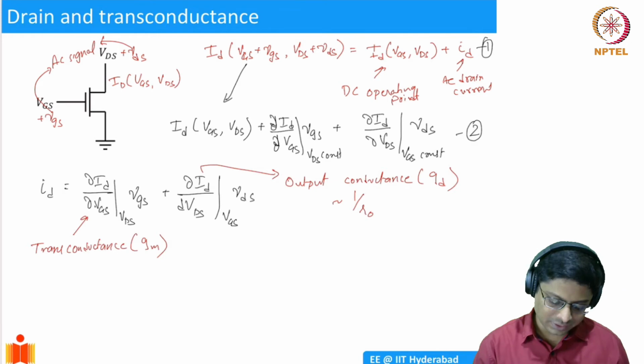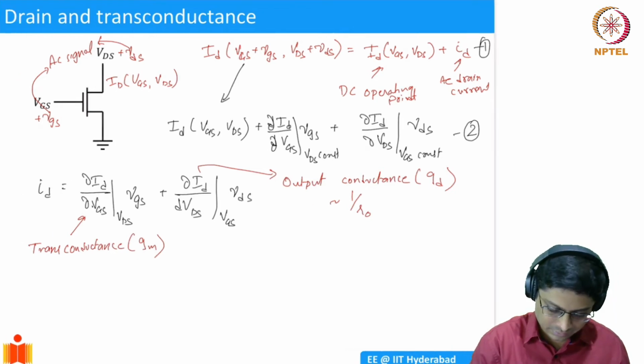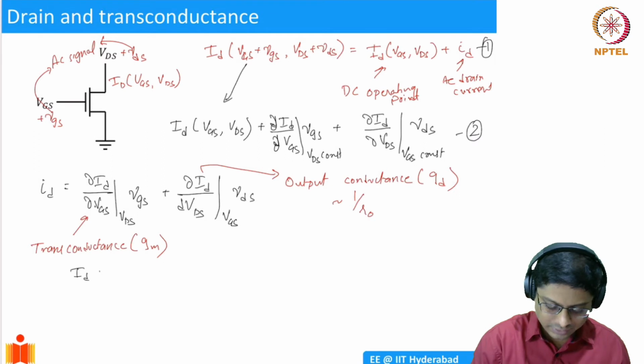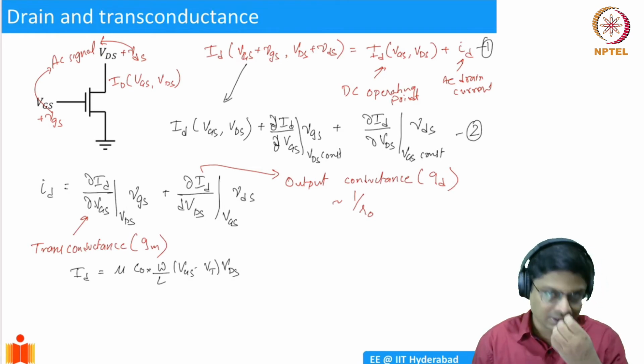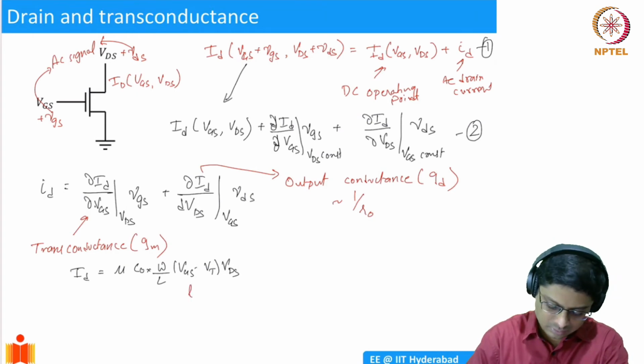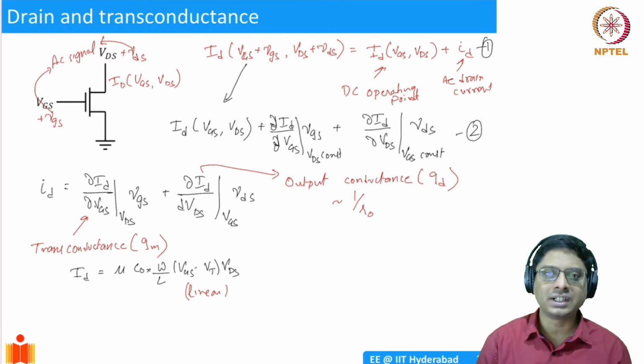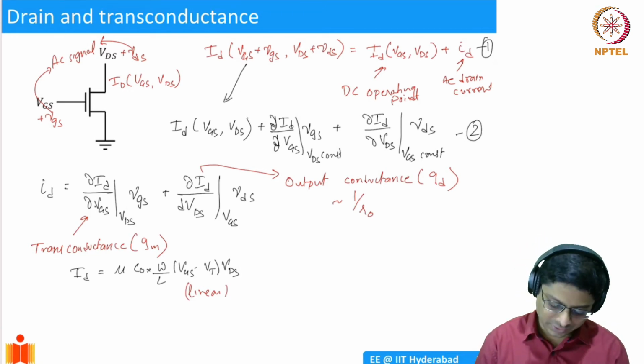What about transconductance? Well, we can calculate it. We can write out an expression for drain current. We said already that ID was mu Cox W by L times (VGS minus VT) times VDS. This is the linear drain current, the linear regime. So if your MOSFET is biased in the linear regime, what will be the transconductance?